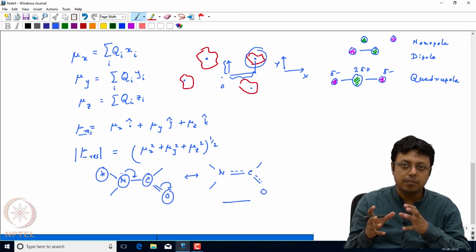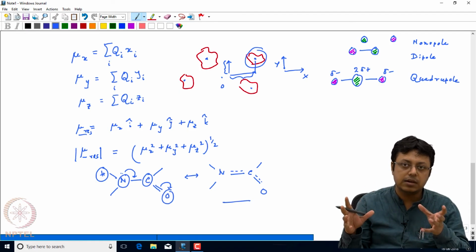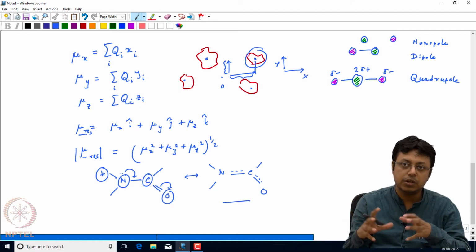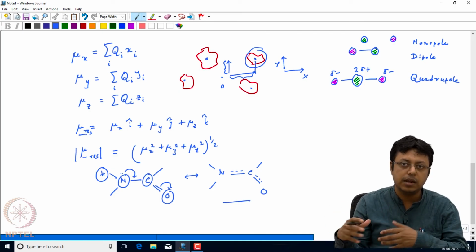Now, in reality, a molecule will not have a moment like this, because you will have an arbitrary charge distribution, but you can always write the total moment due to this arbitrary charge distribution as a linear combination of monopole plus dipole plus quadrupole plus octupole and so on.